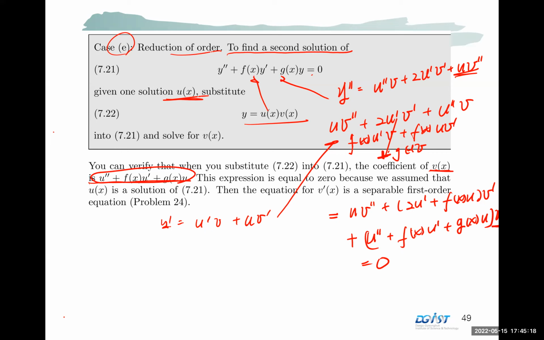Now we assume u is a solution of this original equation, so this must be 0. So now we have u v double prime plus 2u prime plus f(x) u v prime is 0.